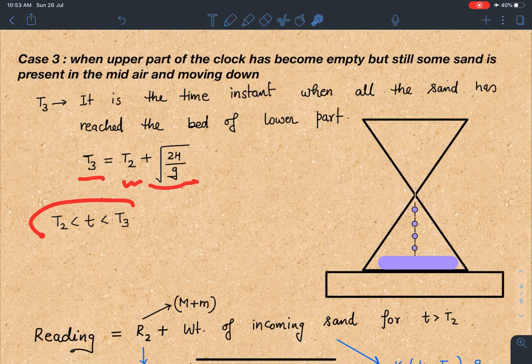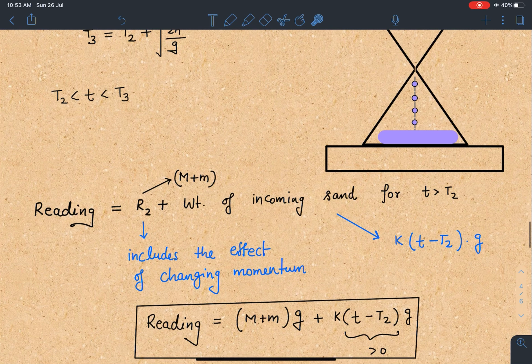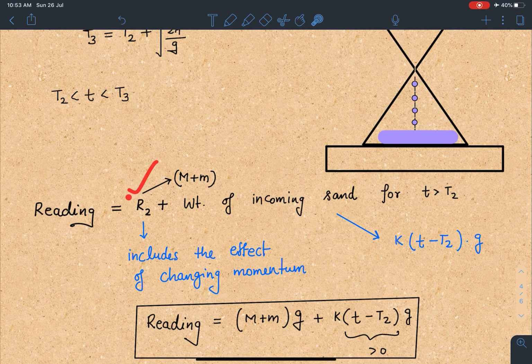So in this time interval of t2 to t3, see how the reading will be. This reading is going to be the previous reading, at the instant just greater than t2, which was the actual weight, which was including the effect of changing momentum also, plus the weight of incoming sand for t greater than t2, because the reading r2 has already included the effect of change in momentum.